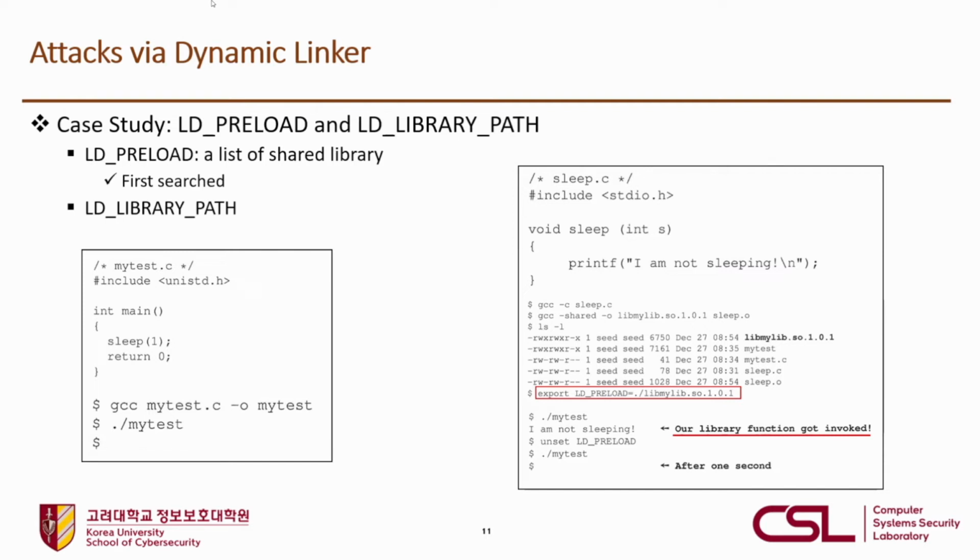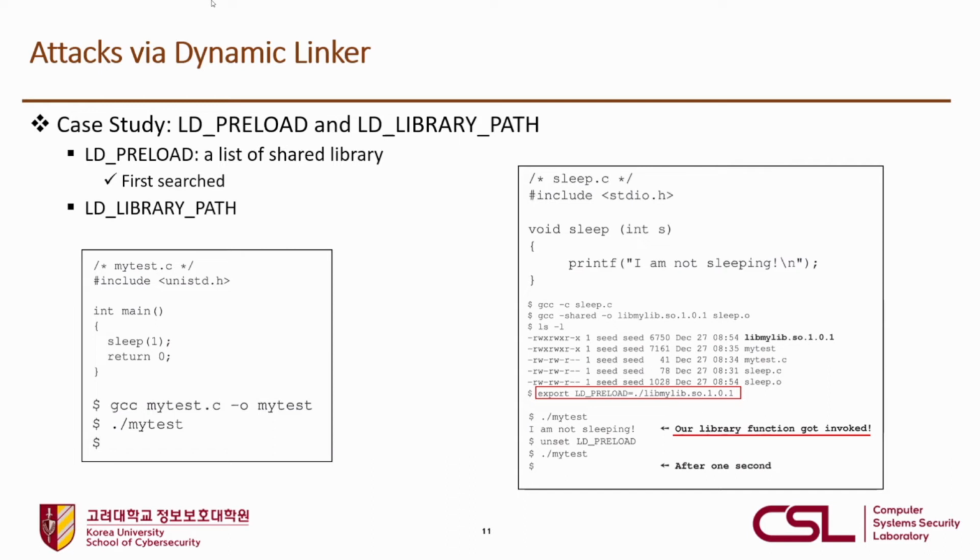Let's write a program that prints the string "I am not sleeping." By giving the -c option when compiling, we create an object file by compiling without performing linking. And when linking this object file, we give the -shared option to make it a library file. After that, the environment variable LD_PRELOAD is set to the created library file.